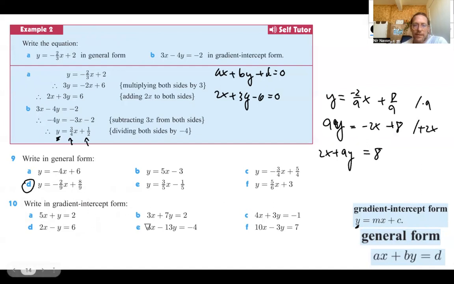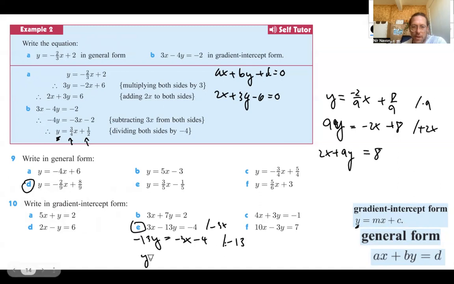Writing in gradient-intercept form, let's solve this one right here. I want to isolate the y, so I'll move the 3x to the other side by subtracting 3x from both sides. I get -13y = -3x - 4, dividing by -13 on both sides.